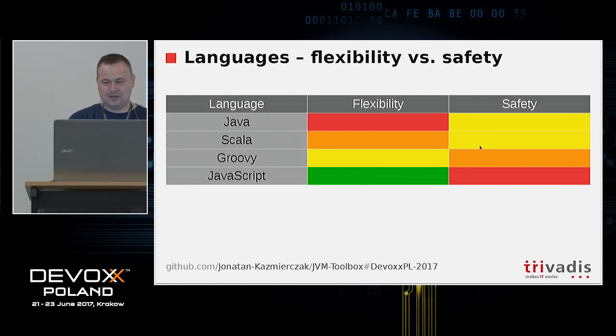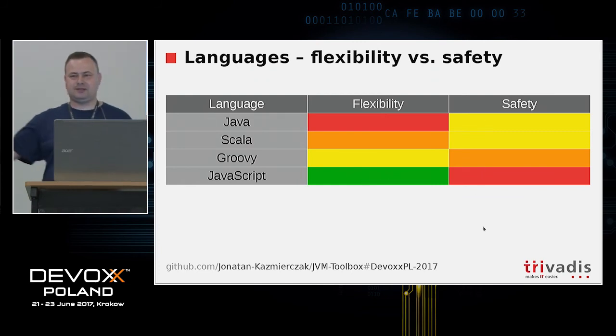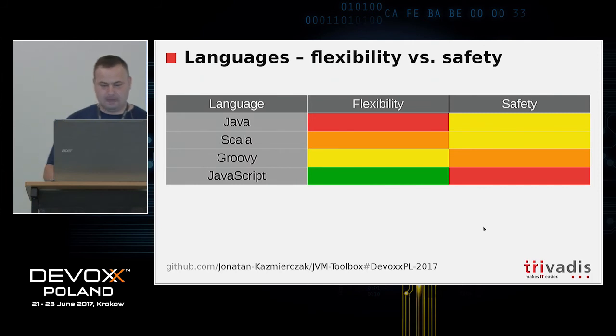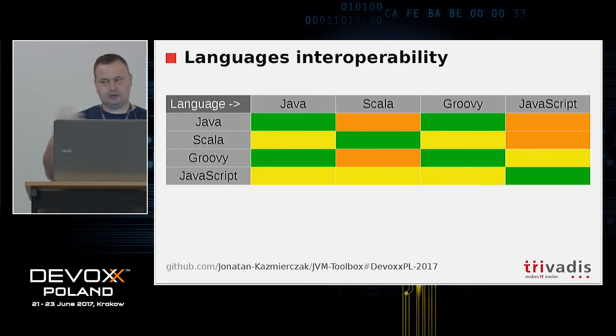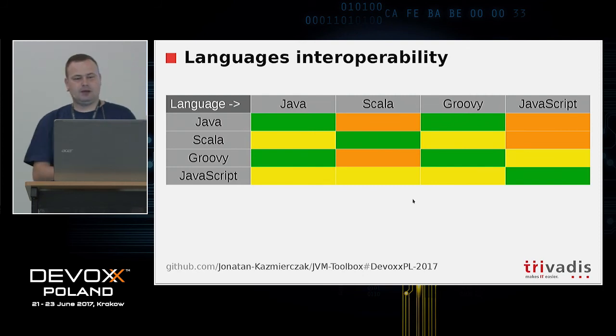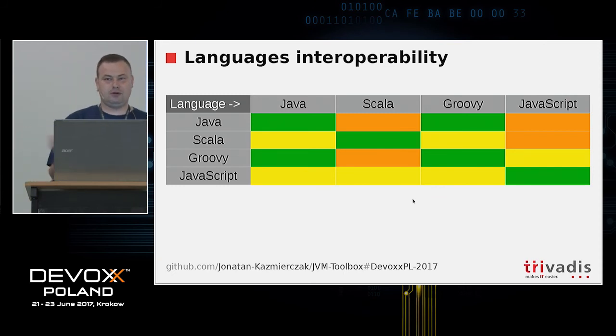On the other hand, we can see that safety is really opposite to the flexibility. We can come back to those diagrams and other things during questions. We will have enough time for questions. So if you have additional questions, then we can discuss those things in more detail. Then interoperability. That's another topic. Yes, how those 2 or 3 languages will work all together.